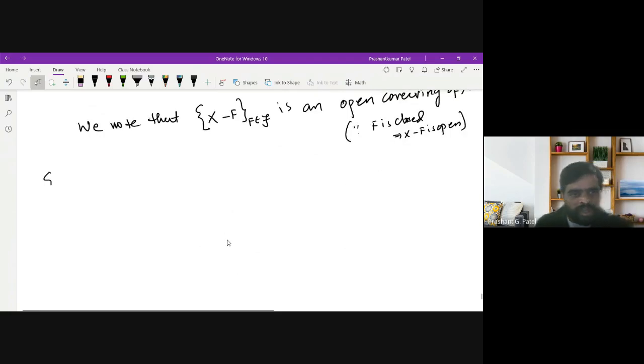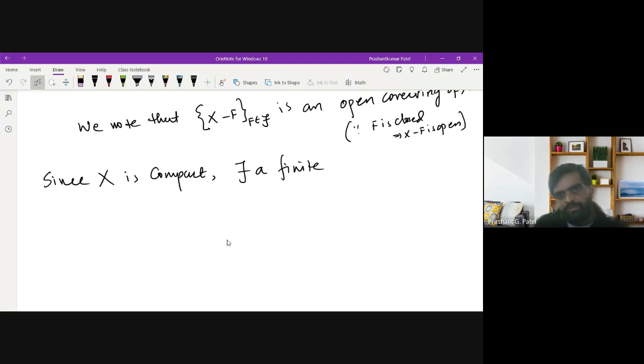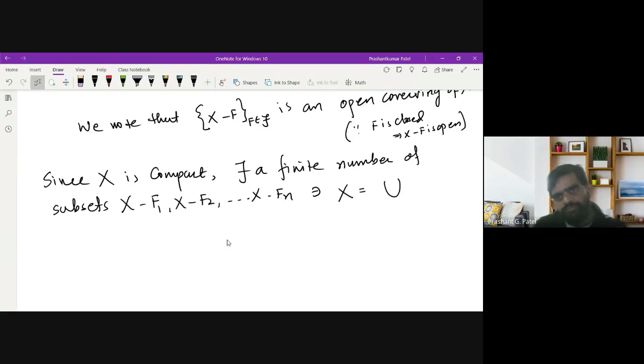So since X is compact, there exist finitely many subsets X minus F1, X minus F2, up to X minus Fn, such that X is covered by the union of X minus Fi.